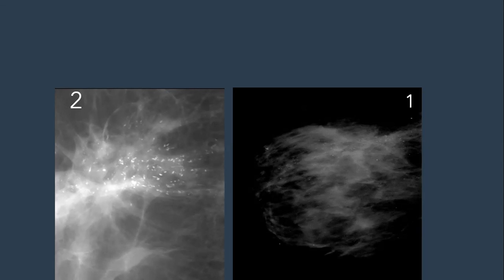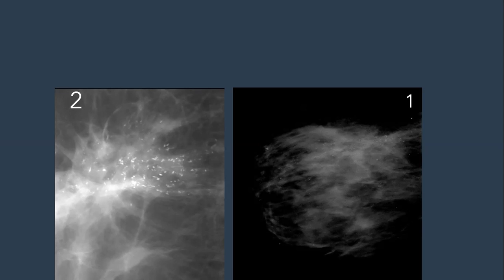Okay, pleomorphic calcification, and it is grouped and segmental global. Just the name, the distribution, the morphology is pleomorphic in both case 1 and case 2.